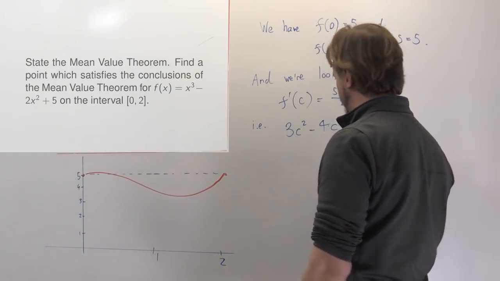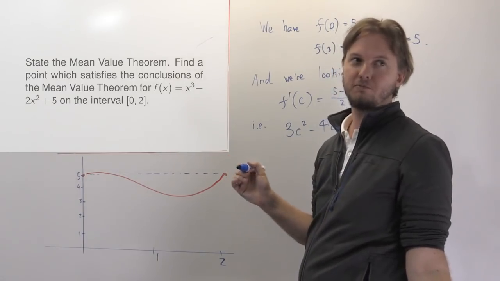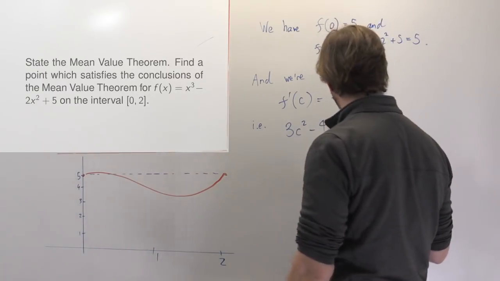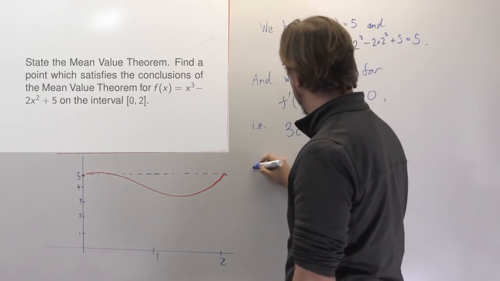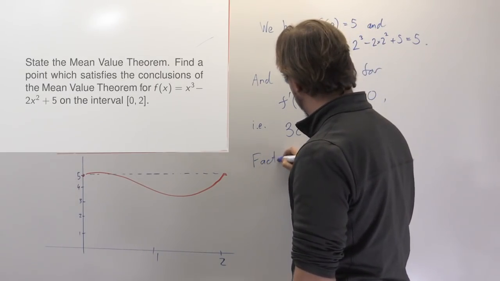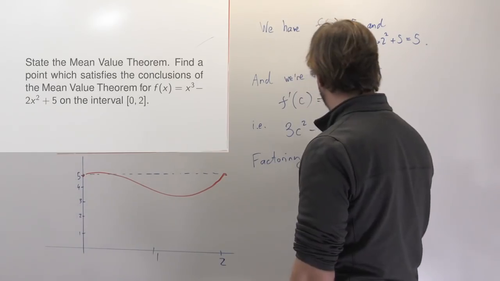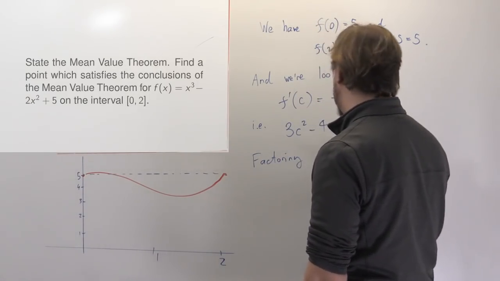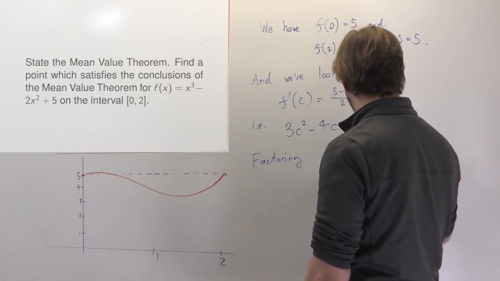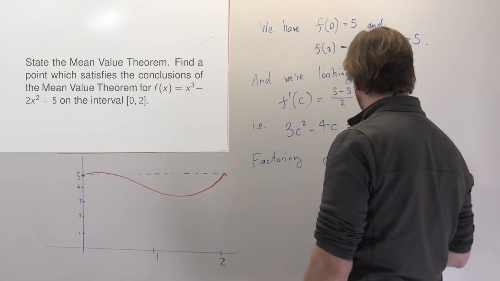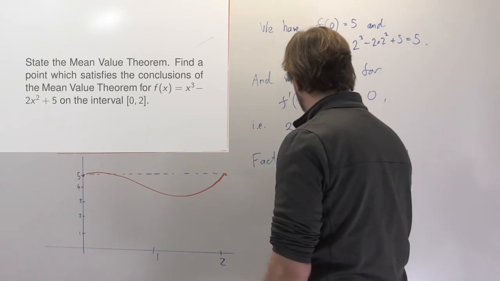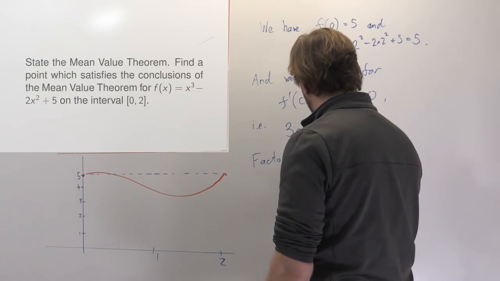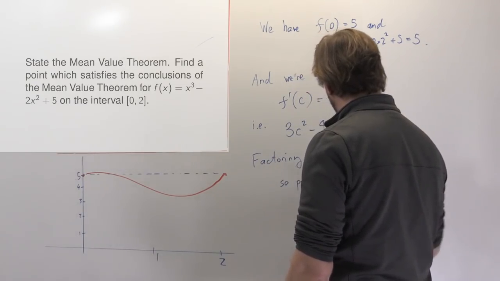So the question actually comes down to looking for the turning points, right? So now we're going to find the turning points anyway. Factoring, you have c outside of 3c minus 4 equals 0. I'm going to be very careful with my language here.